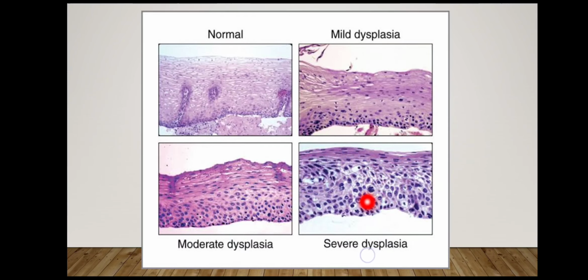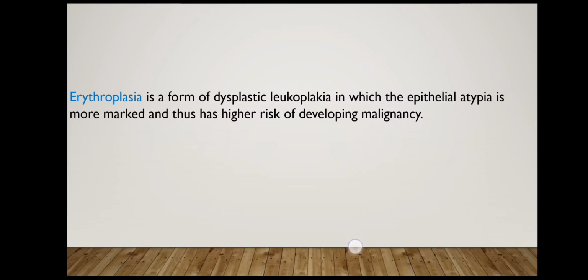So here also you are seeing some mitotic figures and disordered polarity. Few cells are facing this side, few cells are in this direction. So that is called disordered polarity. There is variation in the size of the cells, that is pleomorphism, along with mitotic figures and hyperchromasia as well.